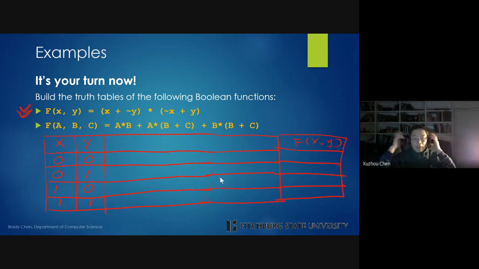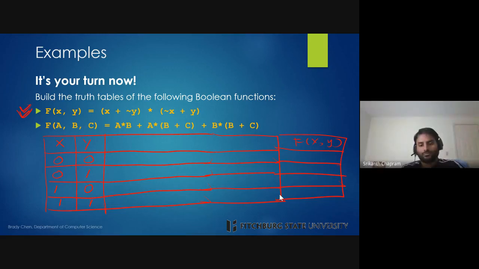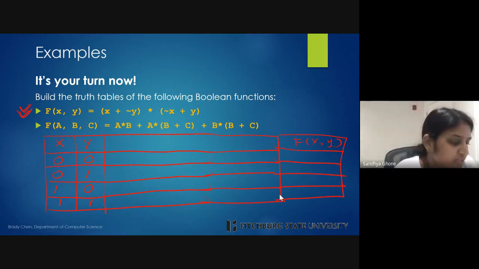I'll give you 5 minutes so you can work on this. Just do the first problem. It's 1001.